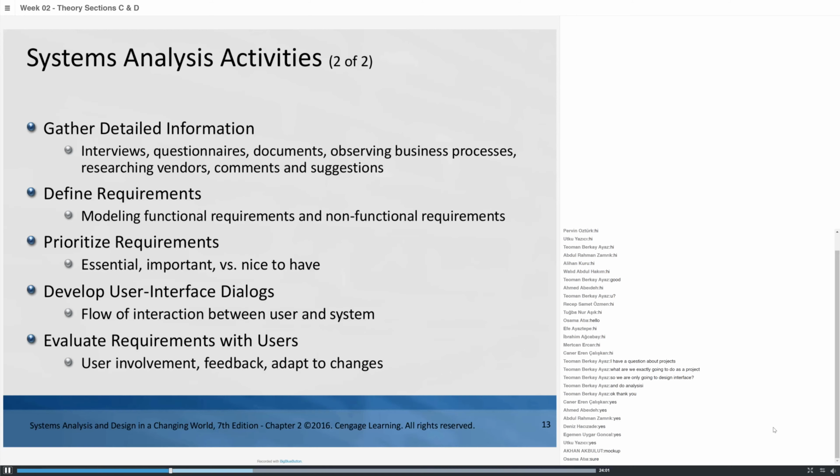Mockup is a non-functional user interface, the way the product or project is represented to the customer. Yeah, Recep, correct.